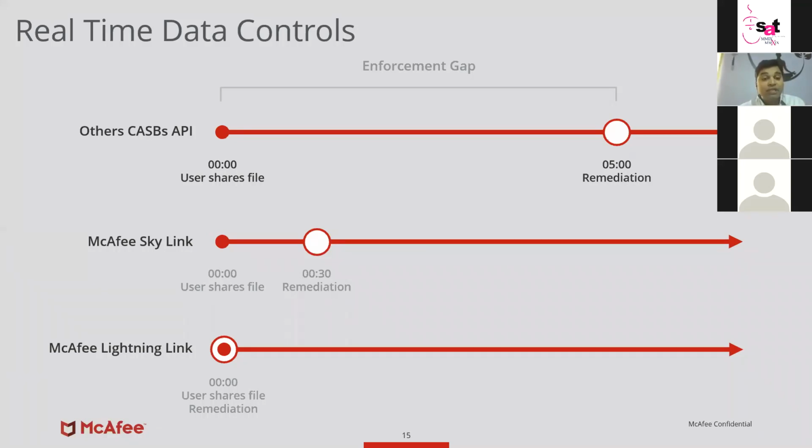Whereas with McAfee, Skylink, it's a terminology which we use, but essentially it is API. With that, we are able to detect and prevent within first 30 seconds of the activity, okay, which is the shortest in the industry. And this is one of the main reasons majority of the Fortune 100 companies use McAfee MVISION Cloud because of the response time.